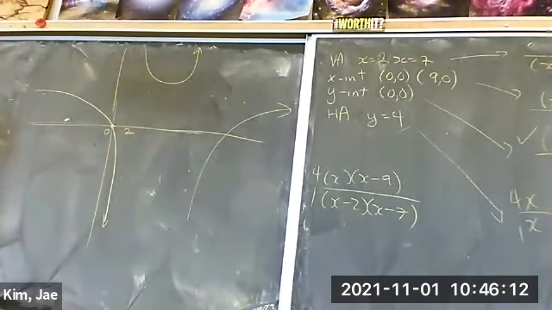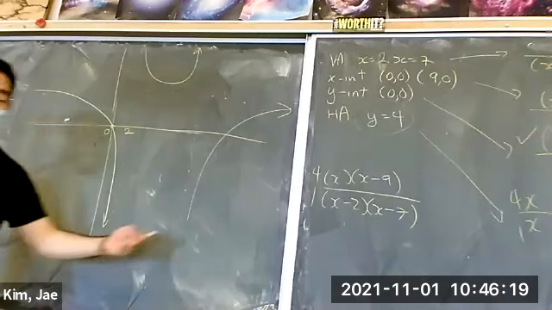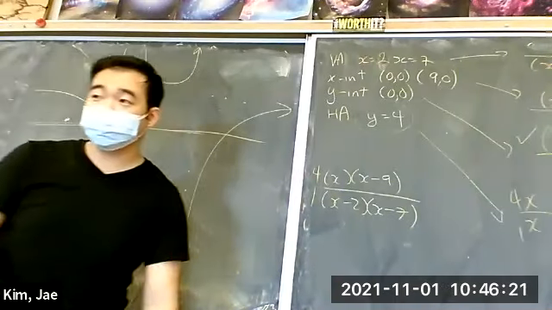Okay. There's a couple of ways you can do this. If you wanted to assure yourself that it was correct, you could have done the chart method and you would have seen that the signs are flipped.